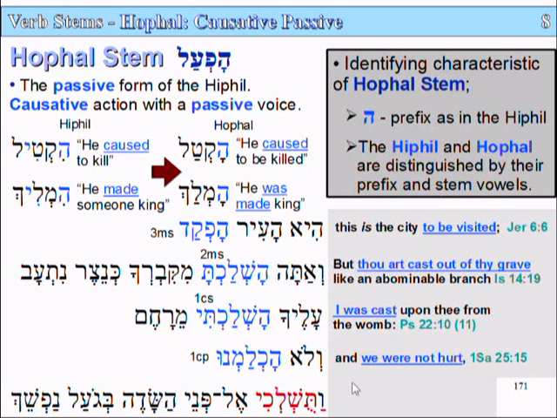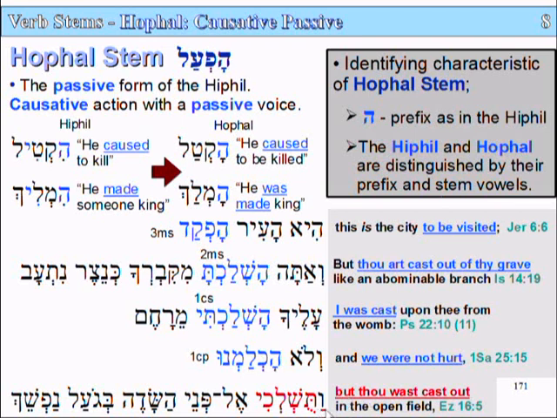Okay, and an imperfect example. Vatushlachi al pnei hasadei begoal nafshech. But thou wast cast out in the open field.